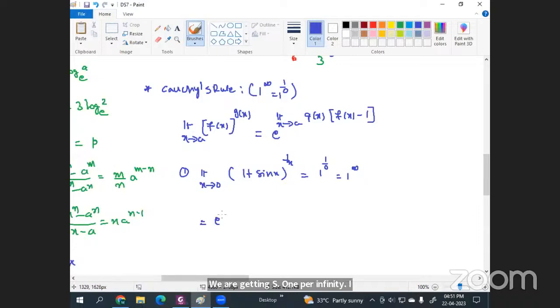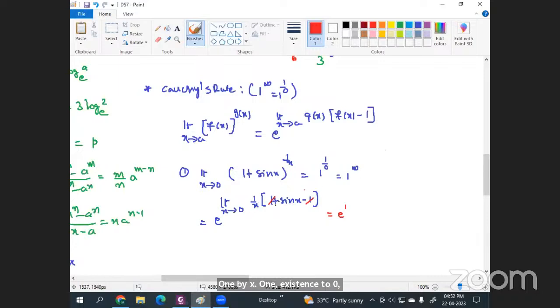That is e power limit x tends to 0, g of x into f of x minus 1. G of x is 1 by x, and 1 plus sin x minus 1, so 1 will get cancelled. Then sin x by x is left, which is 1 when x tends to 0. So the answer is e power 1.